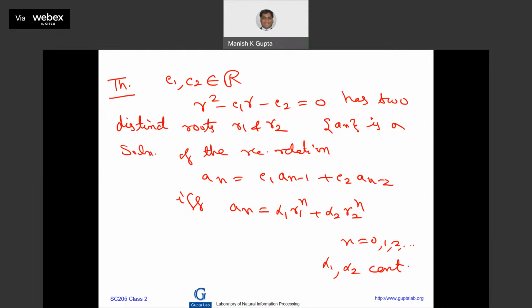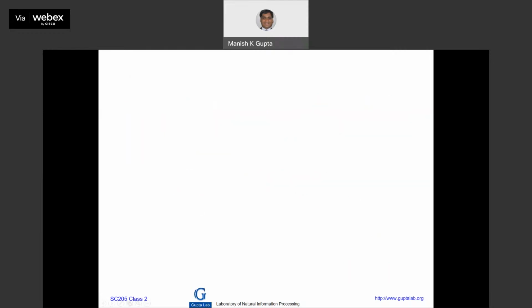If this solution is given, of course it will satisfy the recurrence relation, and vice versa, every solution of this recurrence relation is of this form only. So let me give you the proof of one part. Of course, the proof of part 2 is written in the notes, but I would suggest you try, because thinking is very, very important, more than memorizing.